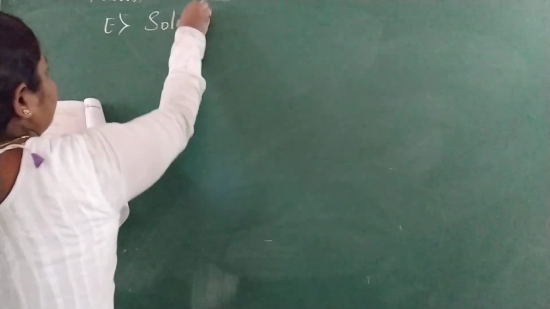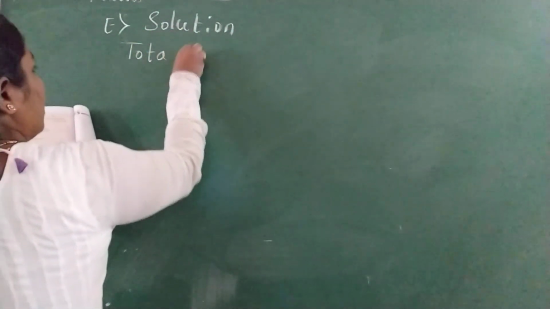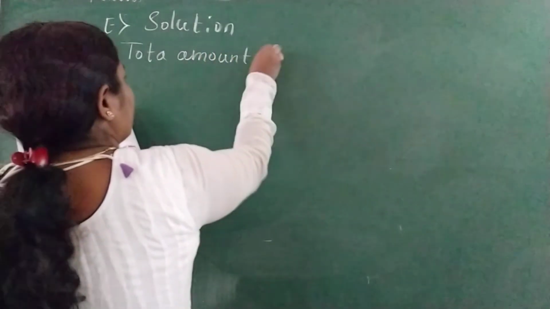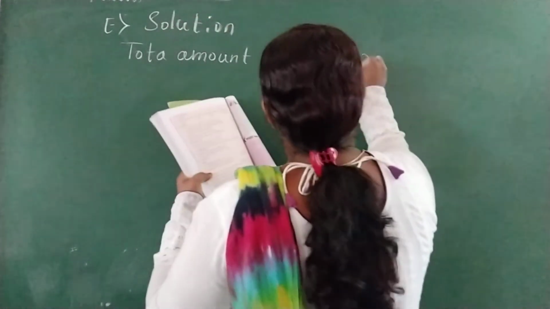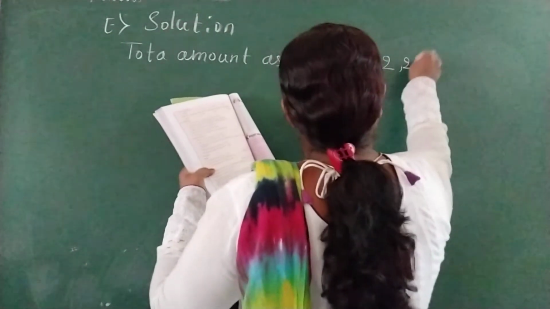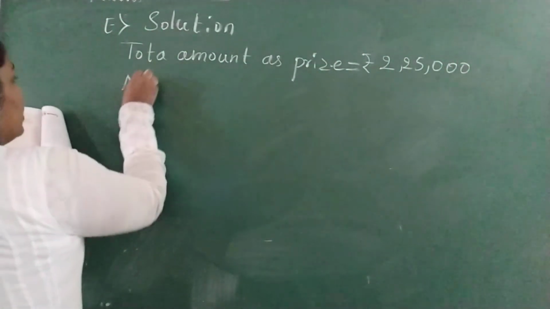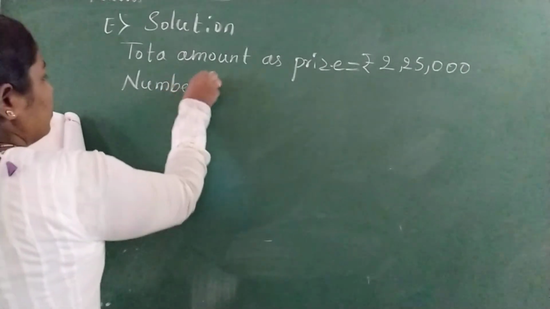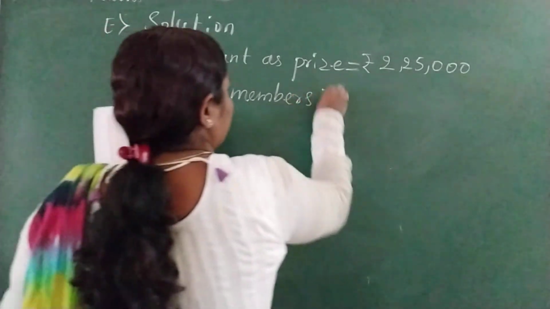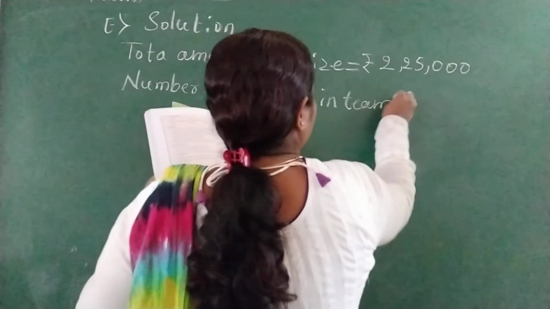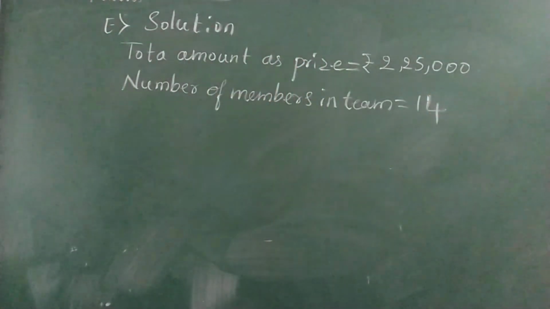Solution. Total amount as prize is equal to how much they got? 2,25,000. So the number of members in the team is equal to 14 members. So divide it.